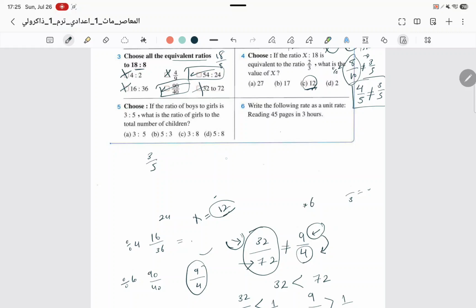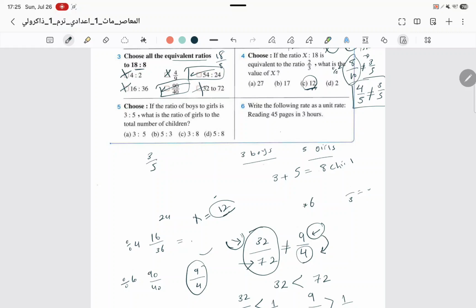We have here 3 boys and 5 girls. What is the total? The total is 3 plus 5, which is 8. So we have 8 children.